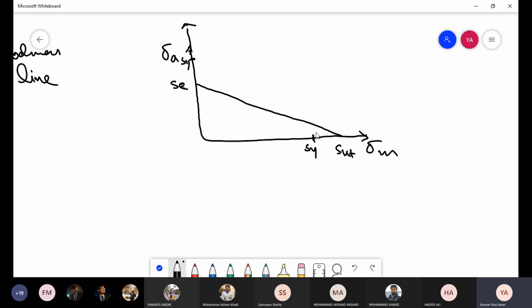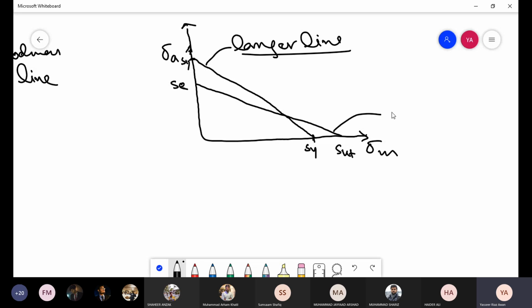Now for a combination of these two, we can combine these two points with a line. So this would give us the yield line, and this is also called the Langer line. So this is the modified Goodman line, and this is the Langer line.